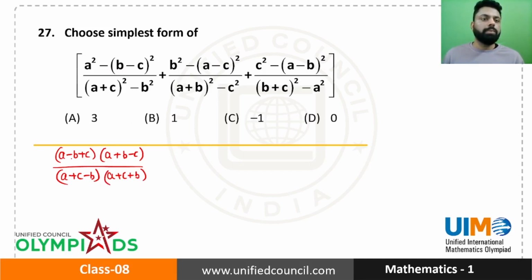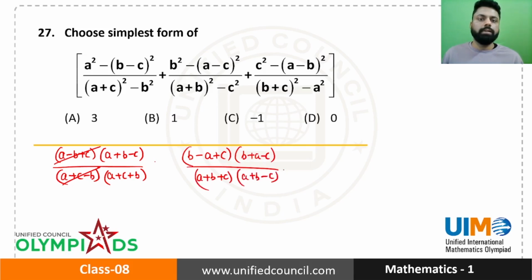So a minus b plus c, this will get cancelled out. Similarly, b minus a plus c, b plus a minus c, a plus b plus c, and a plus b minus c. This will get cancelled out.